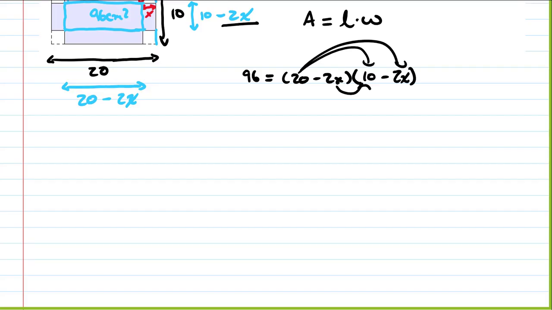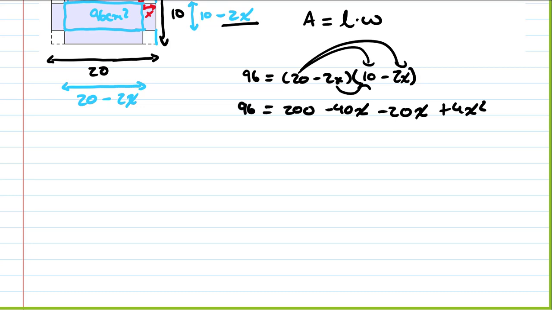20 times 10 is 200. 20 times negative 2x is negative 40x. Negative 2x times 10 is negative 20x. Negative 2x times negative 2x is positive 4x squared.